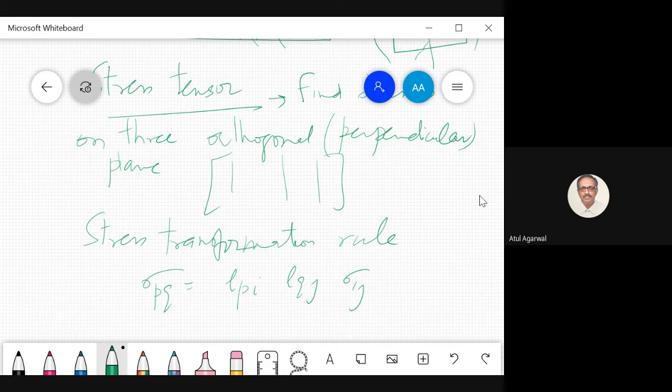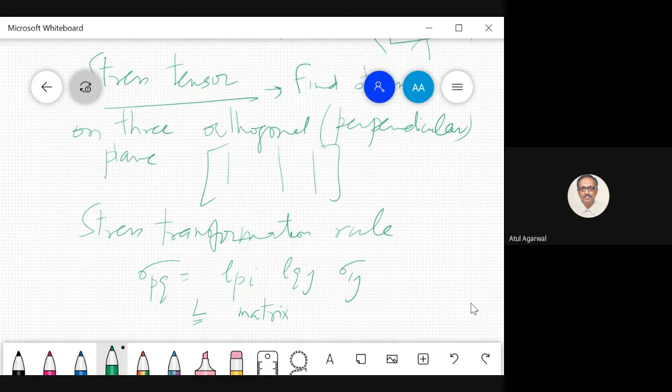This is that stress transformation. And L matrix I had defined earlier. I don't know if you remember. So that is a direction cosine matrix.